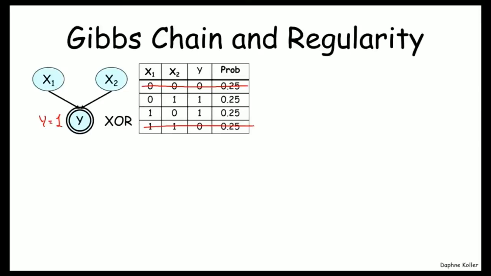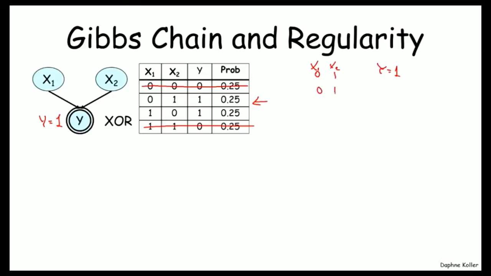So let's imagine that I start out with this one, and I'm going to now sample x1 given x2 and y. So my initial state is 0, 1 for x1 and x2, and of course y equals 1 is my evidence. And now I'm going to sample x1 given x2 and y, and that is a deterministic dependence, and the only possible value that I get is 0 for x1.